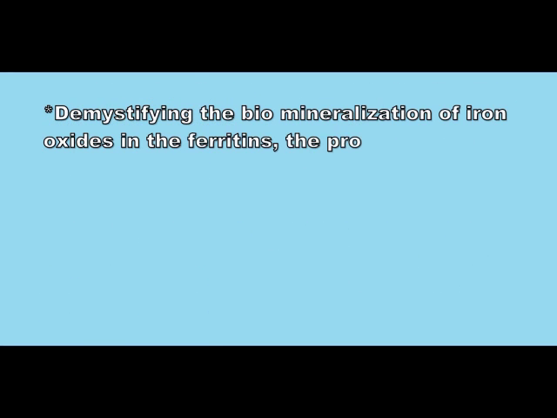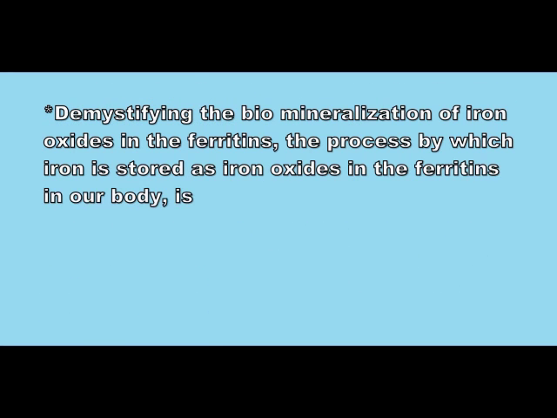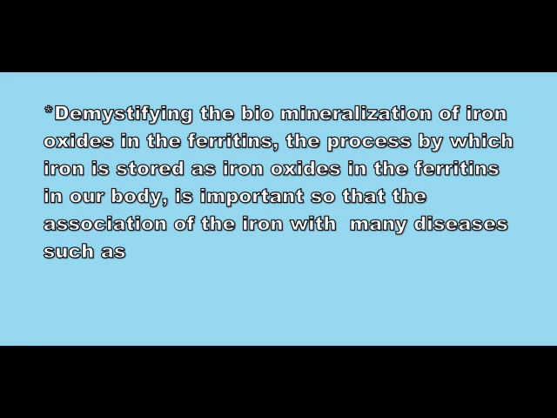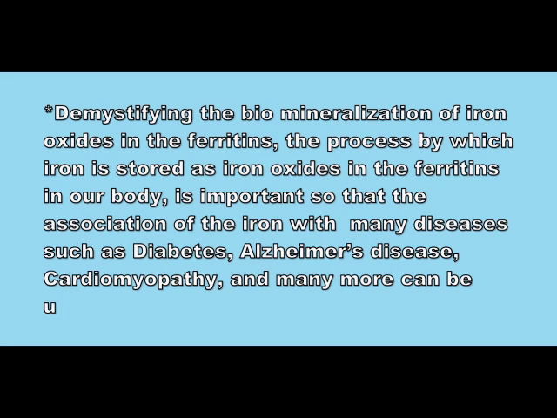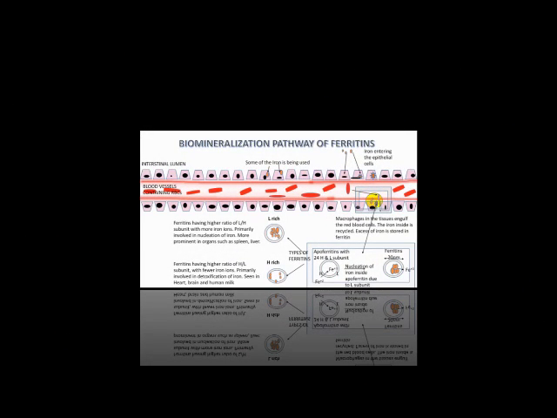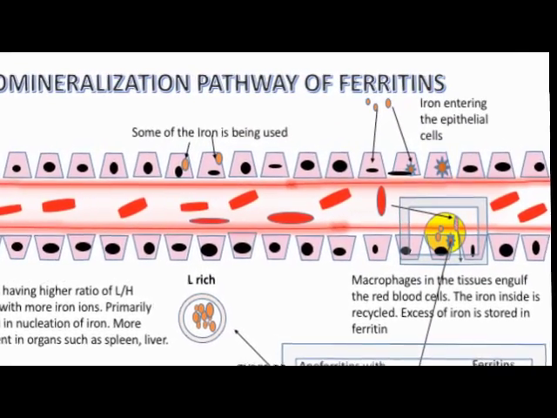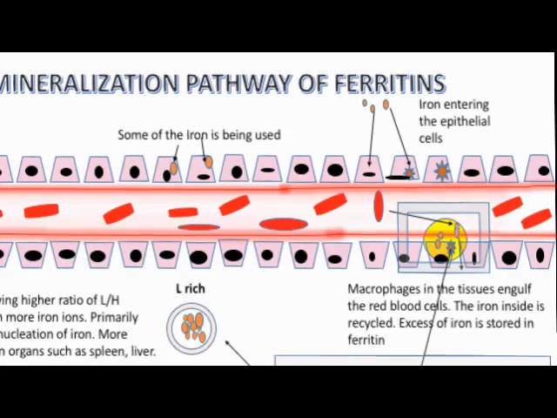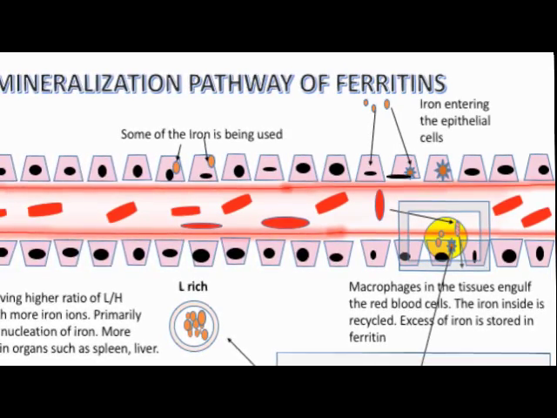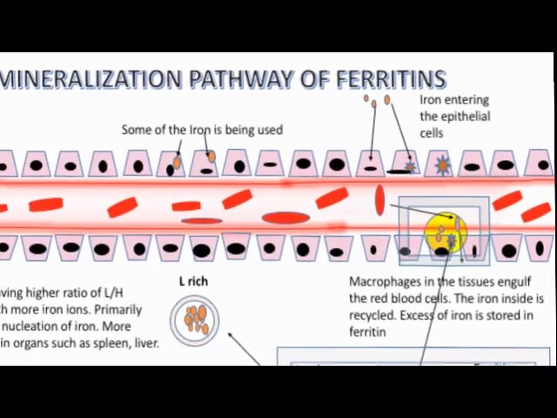So it is important to understand the biomineralization process of ferritin so we can understand many diseases like Alzheimer's, Parkinson's, etc. Here I'm trying to show the biomineralization pathway of ferritins, and how ferritin is formed. If you see here, the iron gets inside the epithelial cells, and the excess iron is stored inside the ferritins.